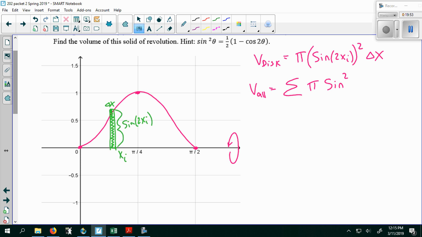And I'm going to rewrite this as the sum of pi sine squared of 2x_i delta x, with i going from 1 to n, and then the volume exact is just the limit as n goes to infinity of the sum of all the disks.